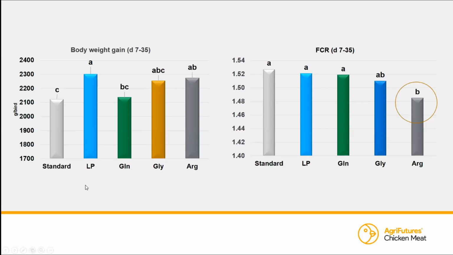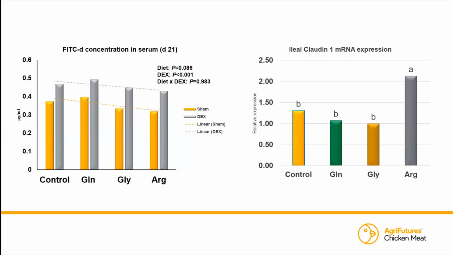And one observation that I need to mention here is that in this experiment, we had meat and bone meal in our control diet, standard protein. And obviously when we reduce the protein, we all know that often the meat and bone meal needs to be reduced. So we think that there might be some impact associated with the amount of meat and bone meal that we had in the standard diet.